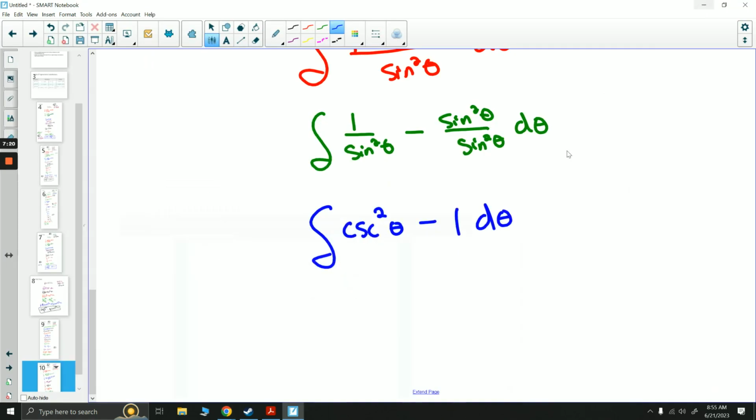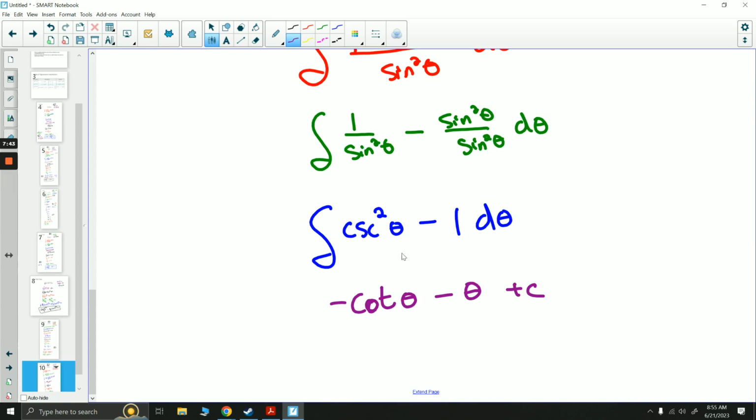So that we do have. So we end up with the integral of this being negative cotangent theta minus theta plus c.